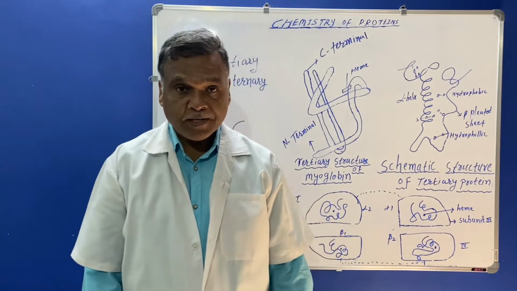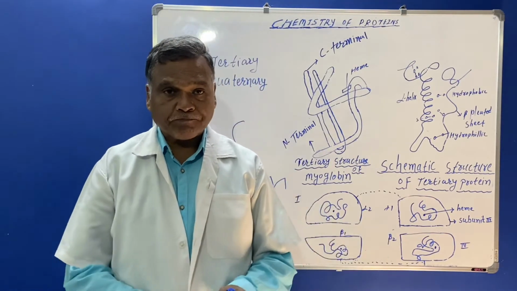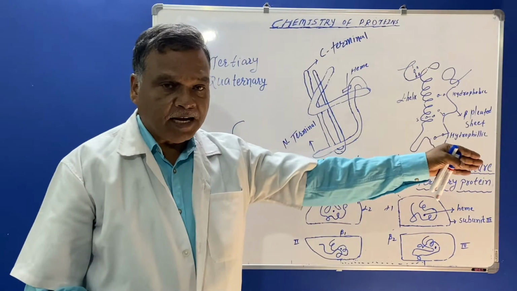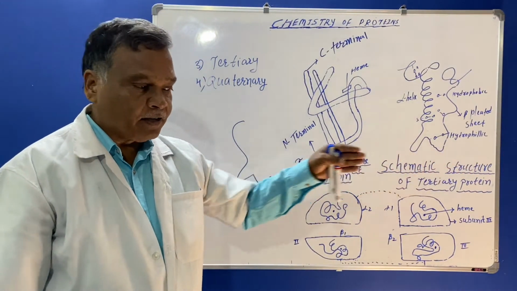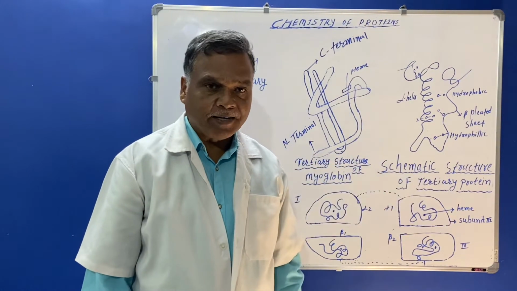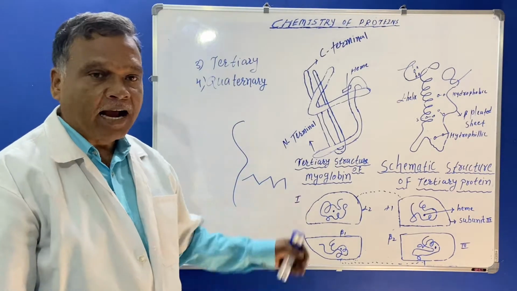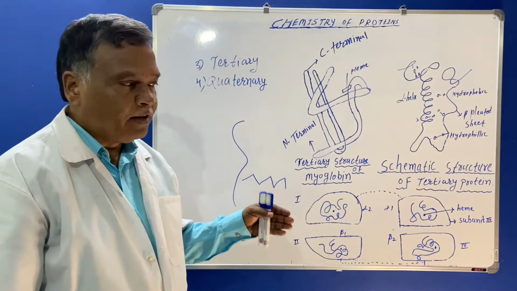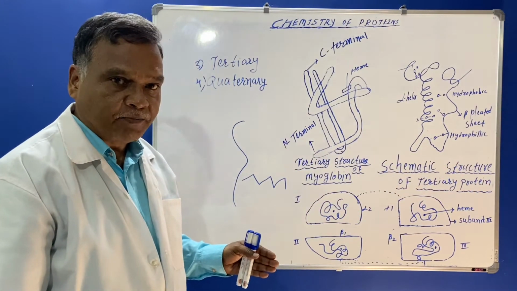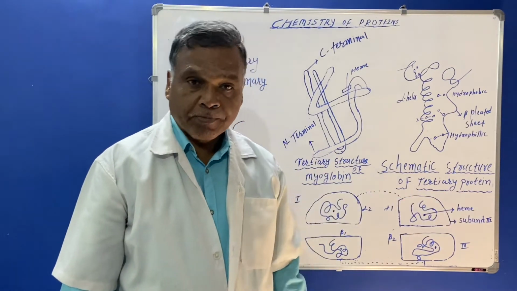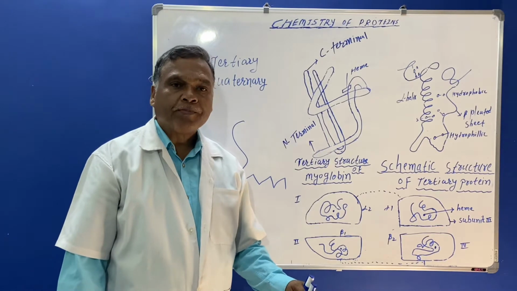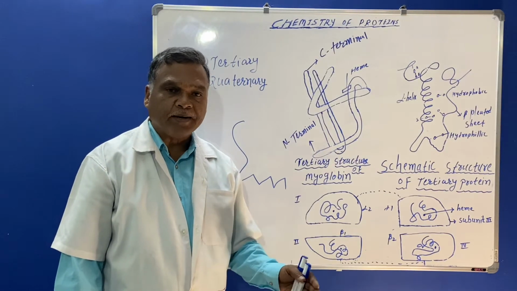Parallel structure means the N terminal will be ended with the C terminal, and in the second polypeptide also the N terminal is ended with the C terminal in a parallel manner, and in anti-parallel the N terminal will be ended with the C terminal, and the C terminal in another polypeptide will be ended with the N terminal. So in this manner we have seen the parallel beta sheeted plate and anti-parallel beta sheeted plate.